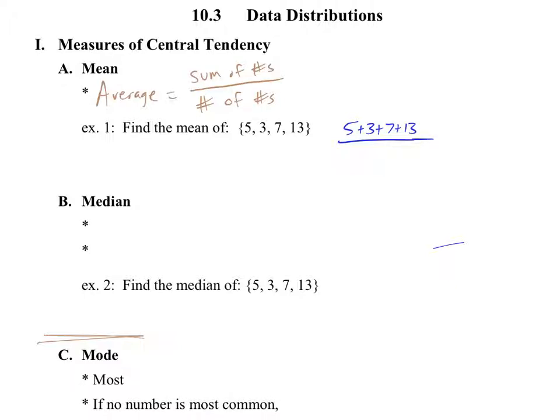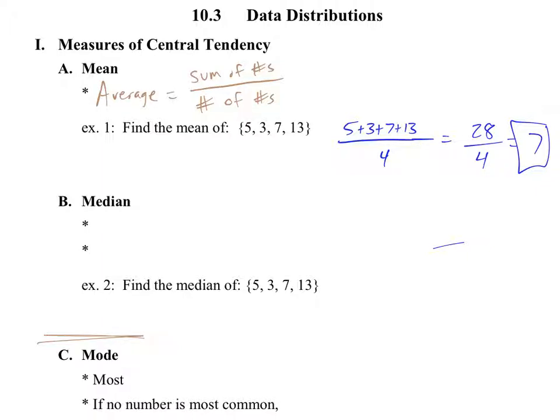So 28, I think that is. I got a yes, so I'll go with it. And there's 4 numbers there. So 28 divided by 4 is 7. That work for you? Yep. Often it'll be a decimal. This time it wasn't.